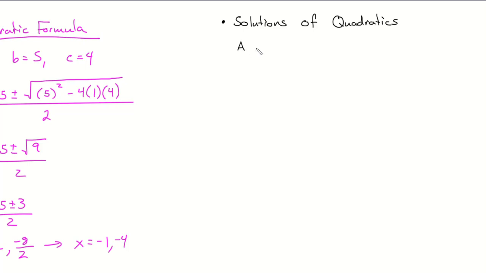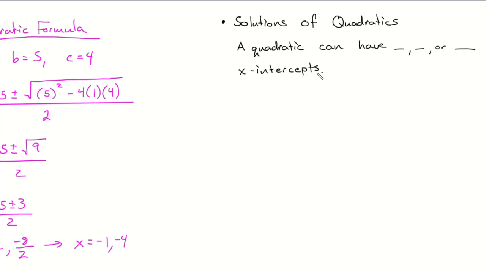A quadratic, which is just something with what power of x as its biggest? Square. Okay, a quadratic can have blank, blank, or blank x-intercepts. Now, these are going to be numbers in a second.